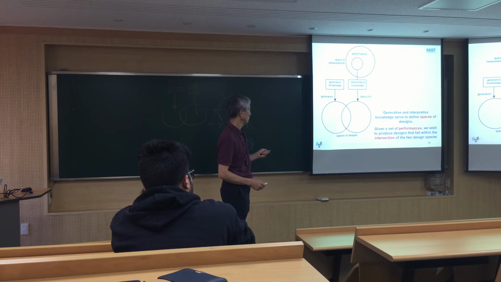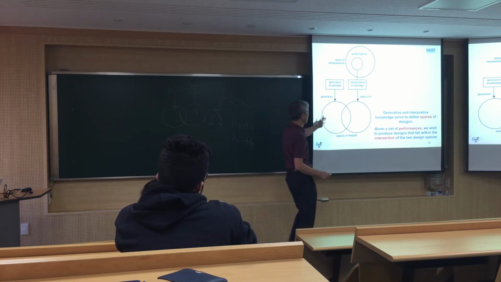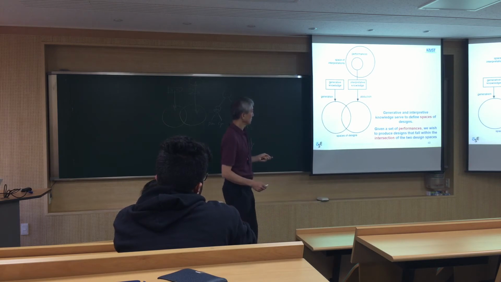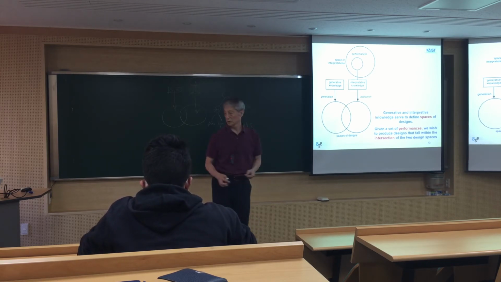So hopefully we arrive at the intersection of grammatically correct and meaningful, right? Generative and interpretive knowledge serve to define spaces of designs given a set of required performances. We wish to produce designs that fall within the intersection of the two.